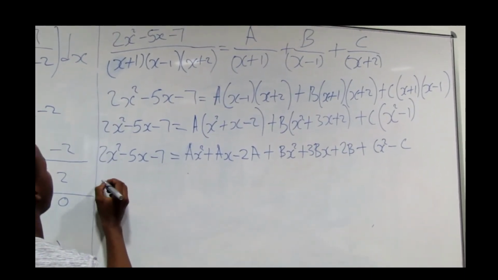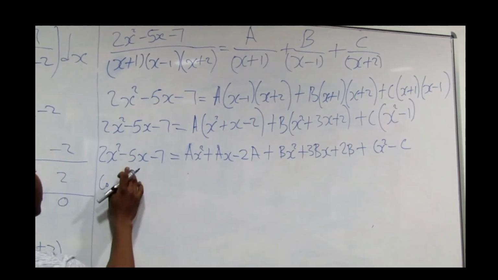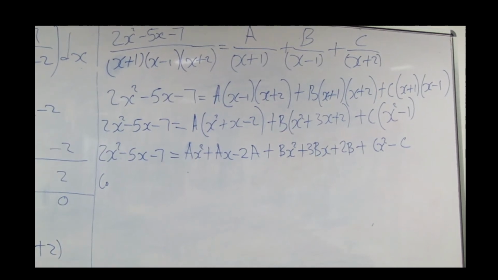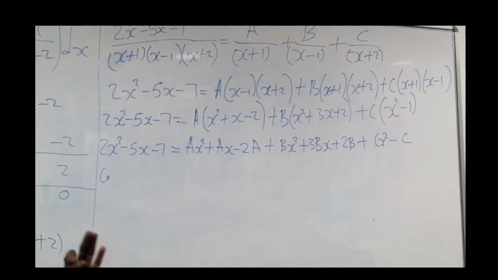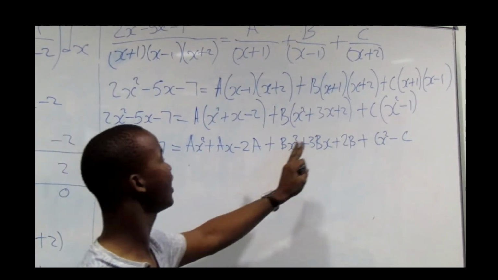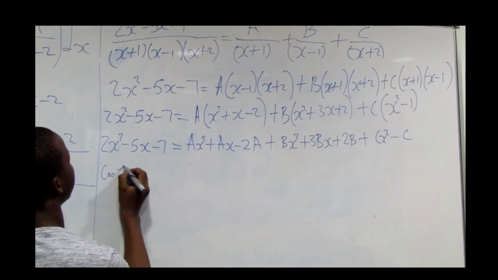for the coefficients, you take only the coefficients. You start with the coefficients of a constant. When we are talking about the coefficients of a constant, we are talking about the constant that doesn't have x throughout.